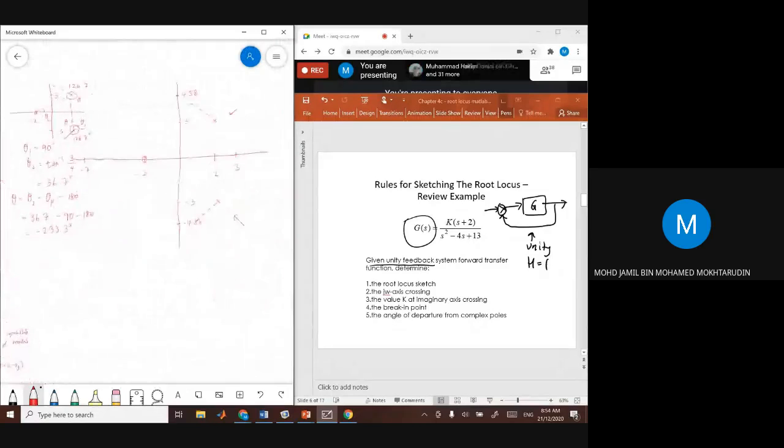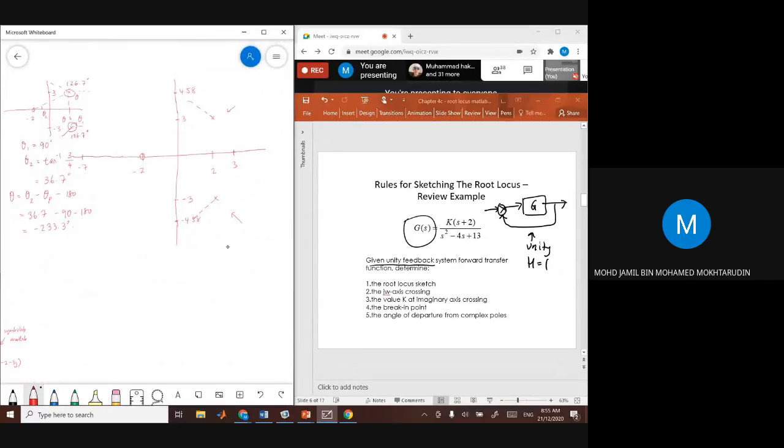Okay, so since our root locus starts from this pole here, meaning that the root locus will never go backward. Okay, so our break point is -7 here, so it cannot be 3 here, because if the break point is at 3, then your root locus will go backward.